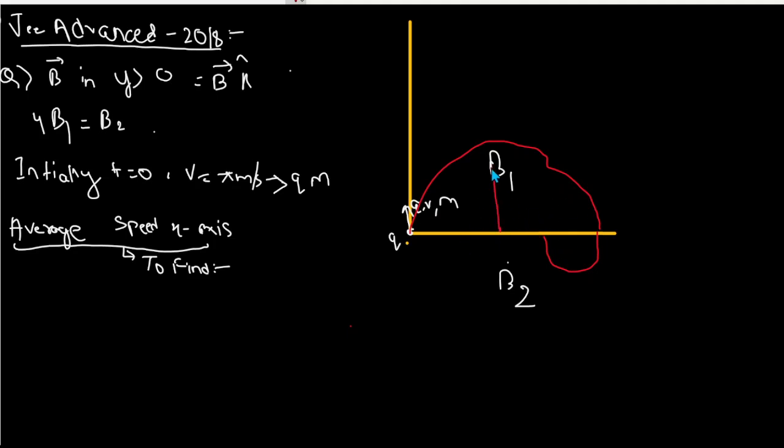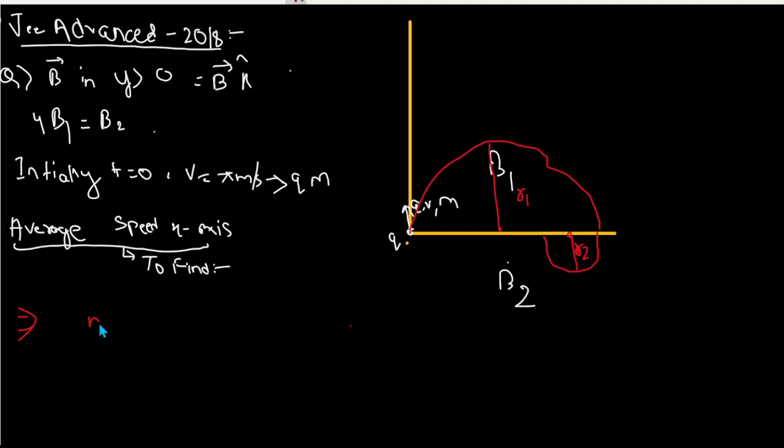So let's imagine that this is the radius r1 in the B1 magnetic field, and this is the radius r2 in the B2 magnetic field. So let's solve the question. First of all, we have to find out the radius of these two semicircles. We can find it using the centripetal force. In this case, the centripetal force is provided by the magnetic force, which is the Lorentz force. F is equal to q v cross B, the cross product between the velocity and the magnetic field.